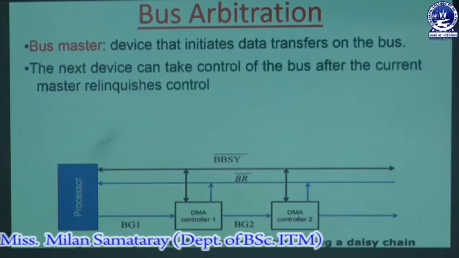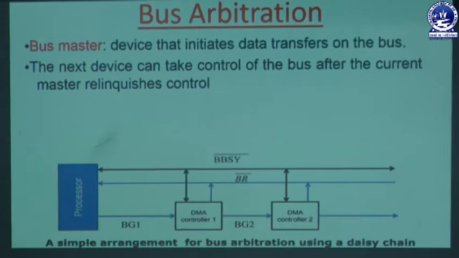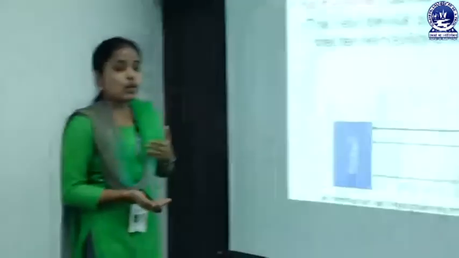Okay, and then the next device can take control of the bus after the current master relinquishes, or releases, the control. So when two devices are connected through the bus, the device which initiates the data transfer is called the bus master, and if the other device wants to access that bus, it has to get permission from the bus master.